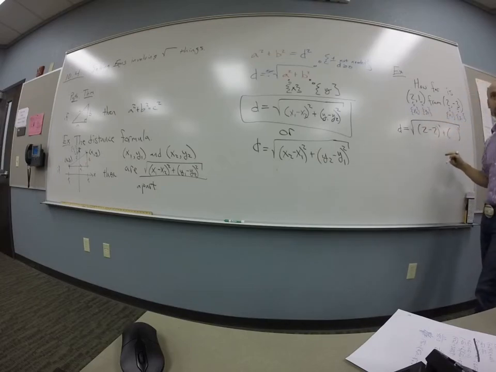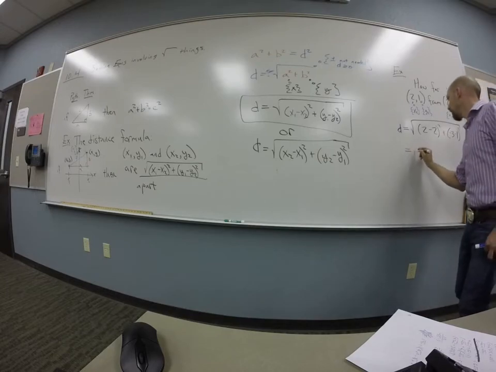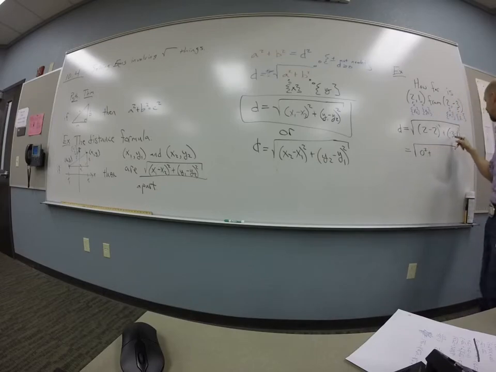Okay, that piece is 0, right? And then this piece is -3 minus 1. Okay, so I get the square root of 0 squared plus -4 squared is 16.